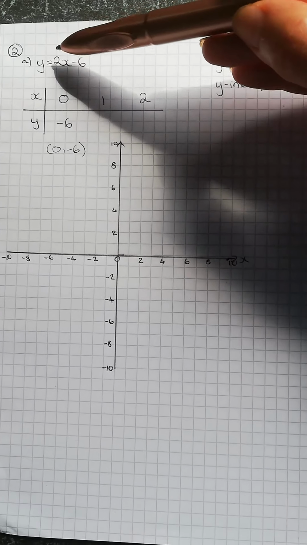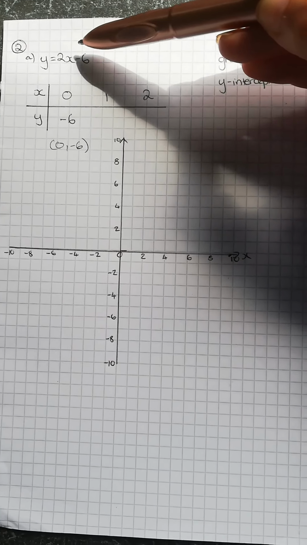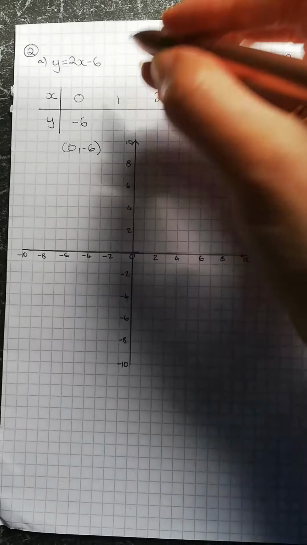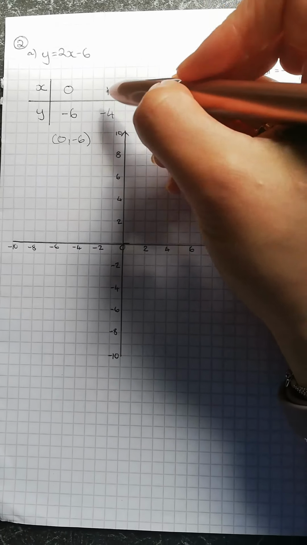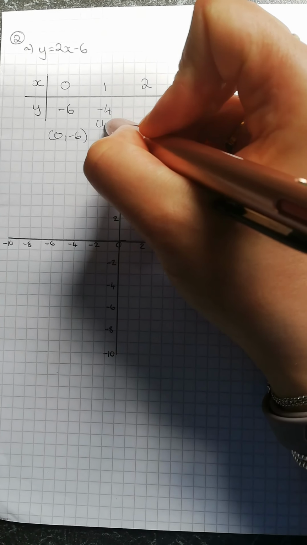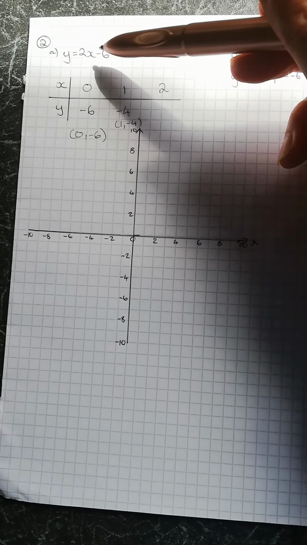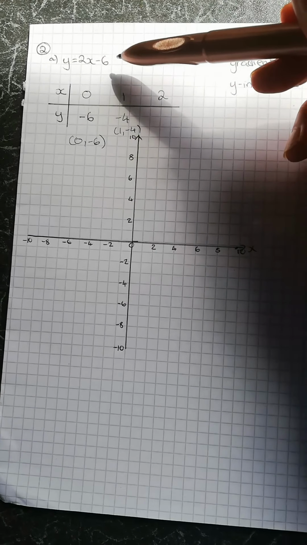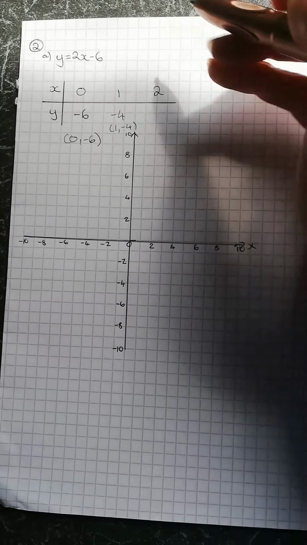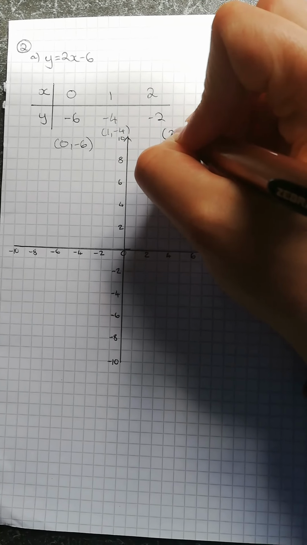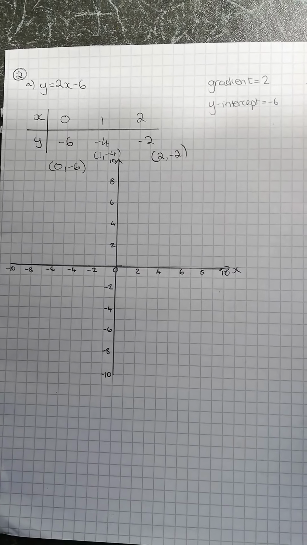When x is 1, 2 times 1 is 2. Take away 6. 2 take away 6 is minus 4. So this becomes the coordinate 1, minus 4. And then when x is 2, we would have 2 times 2, which is 4, take away 6. 4 take away 6 is minus 2. So this would be the coordinate 2, minus 2.